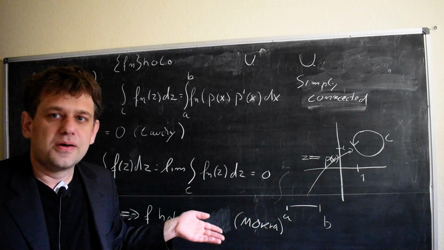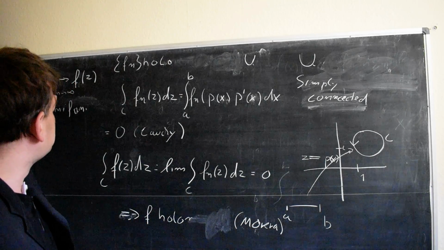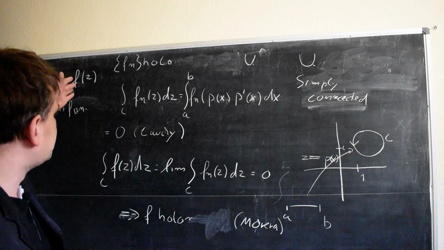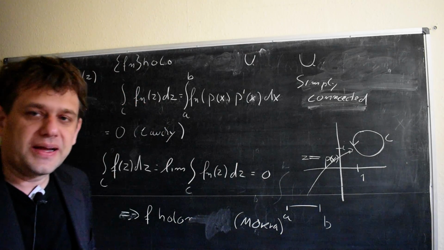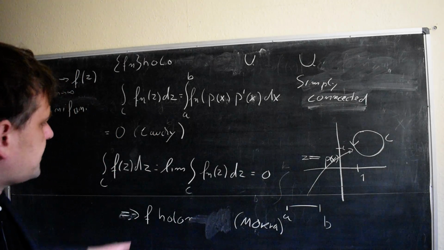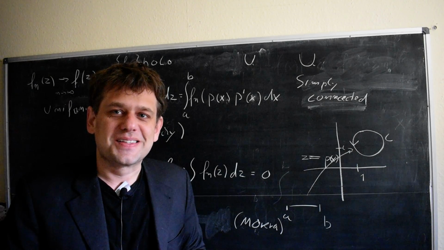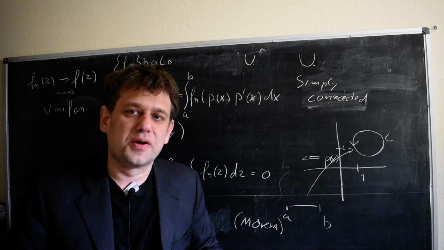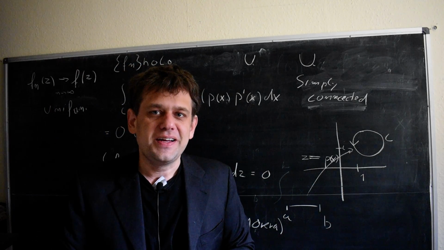So we're done. We have proven that given that we have uniform convergence of the sequence of functions fn to f, we can do this little trick, and we can use Cauchy and Morera to conclude that f indeed also is holomorphic. So this is what I wanted to show you. This is one of the tricks to prove that a function is indeed holomorphic.